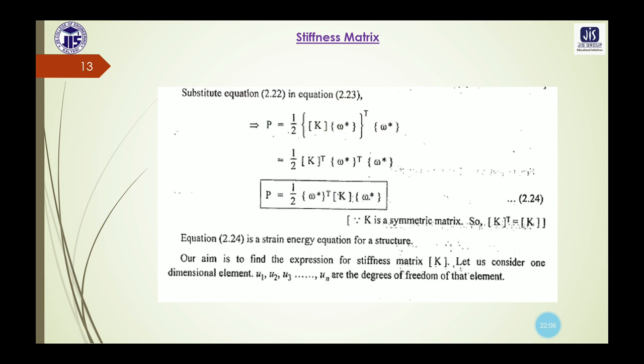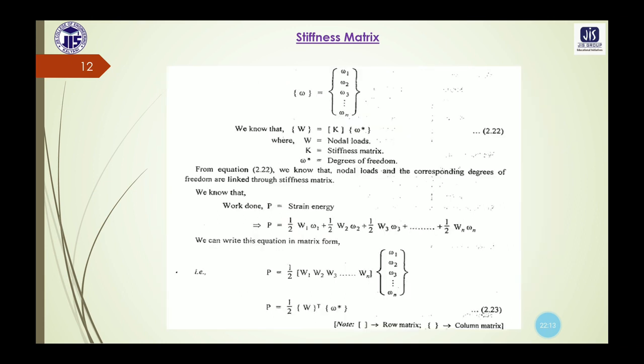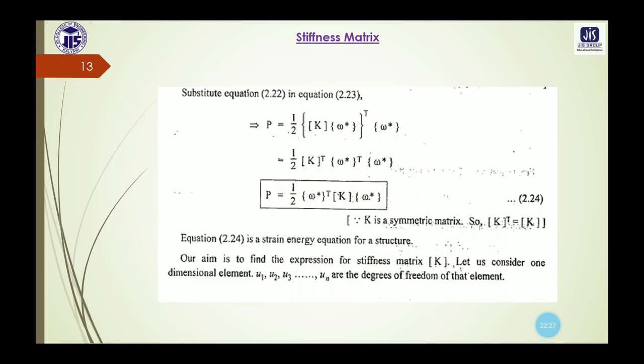Next, we substitute equation 2.22 in equation 2.23, that is, we substitute the column matrix of W from the earlier slide in the W transpose of equation 2.23. So we can write P equals half, the transpose of K into omega star, multiplied by the column matrix omega star.